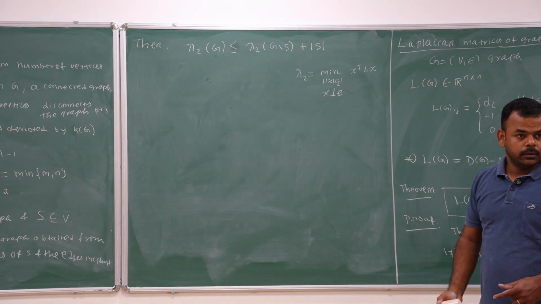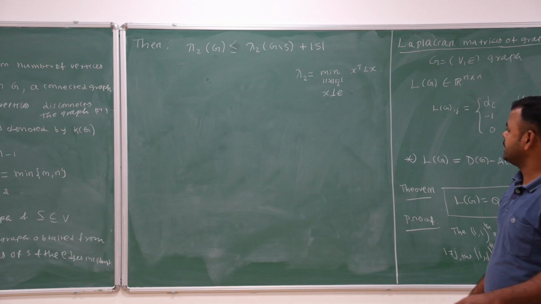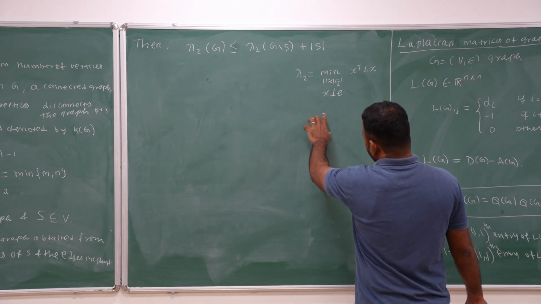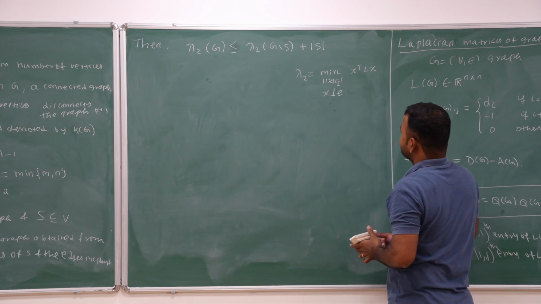The variational characterization you have seen, right? If you want to see a proof, maybe in the tutorial we can do that. So lambda 2 is given by this formula.